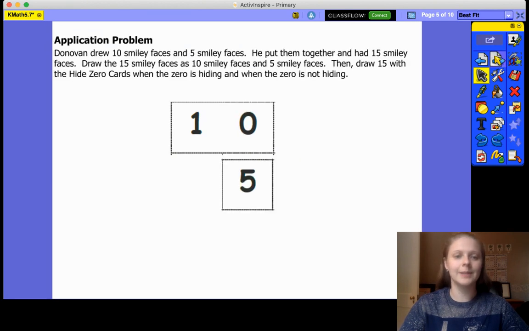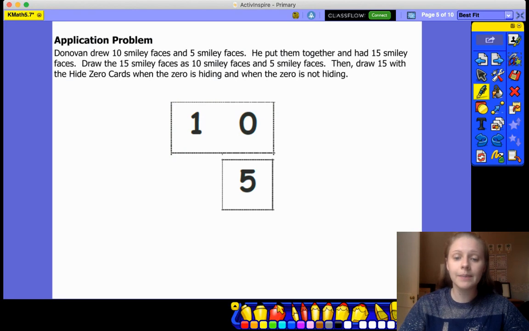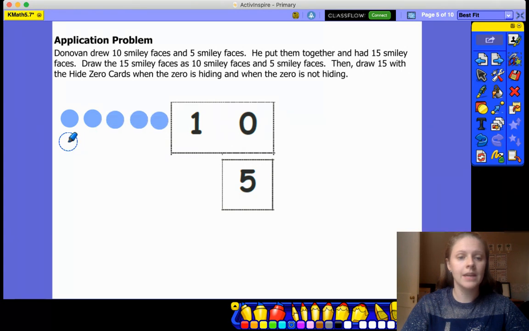Well done, friends. Donovan drew 10 smiley faces and 5 smiley faces. He put them together and had 15 smiley faces. Draw the 15 smiley faces on your board or paper. So I'm going to get out 2 colors. I'm going to do 10 over here. 1, 2, 3, 4, 5, 6, 7, 8, 9, 10.